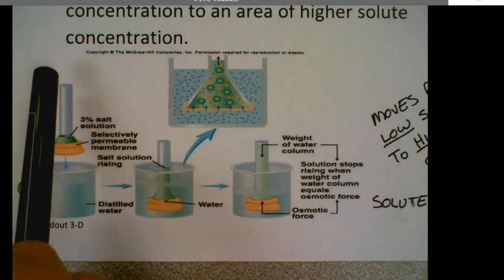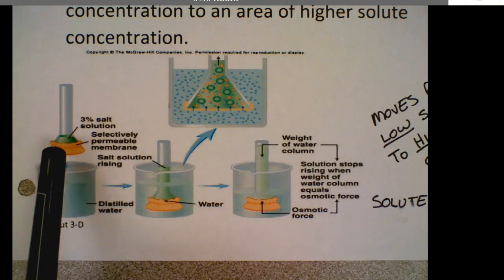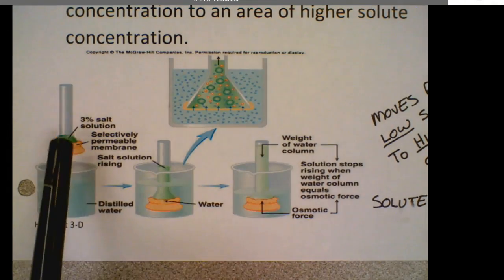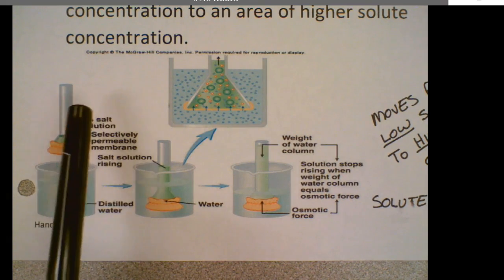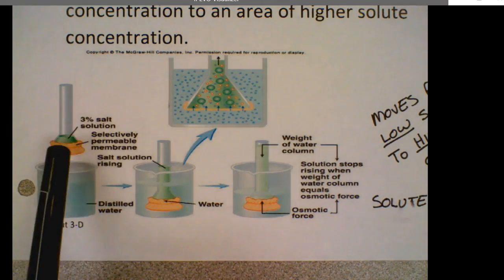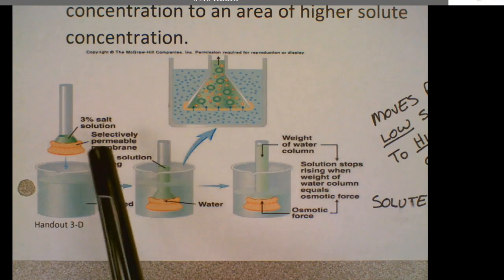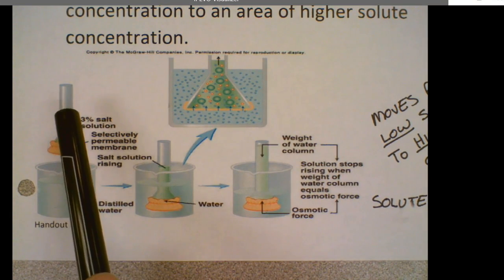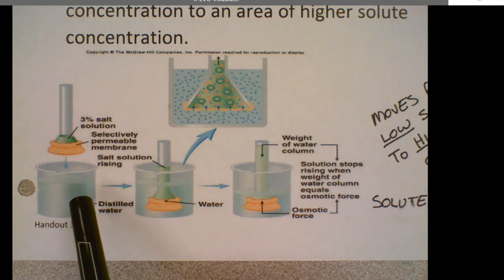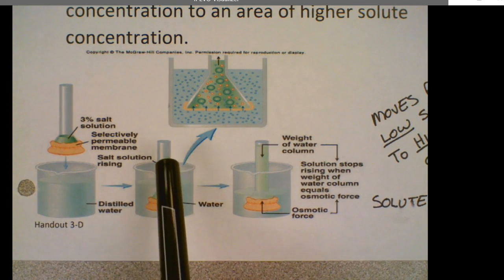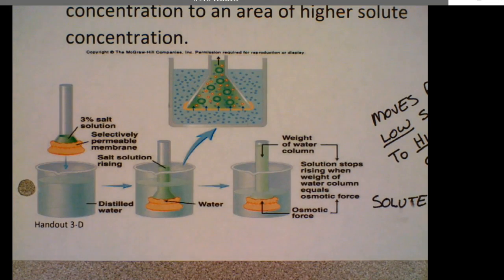We take a test tube that's open on the end, we put a membrane across the bottom, and we add a 3% salt solution to that test tube. Now, if we put this salt solution into distilled water, the distilled water is going to have a low salt content. The test tube is going to have a higher salt content of 3%.